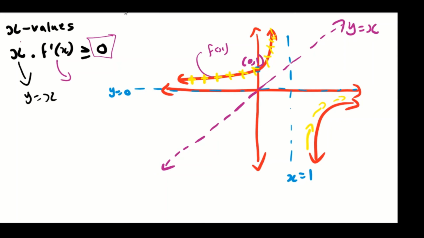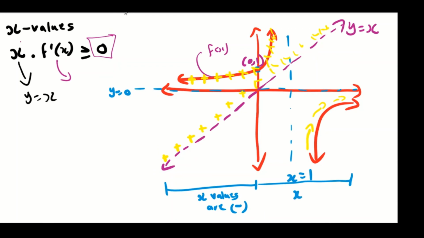Even if you consider looking at this straight line of y equals x, the slope is positive, but we're not really concerned with the slope. Looking at the x values in this section here, x values are negative, but in this section here, x values are positive.